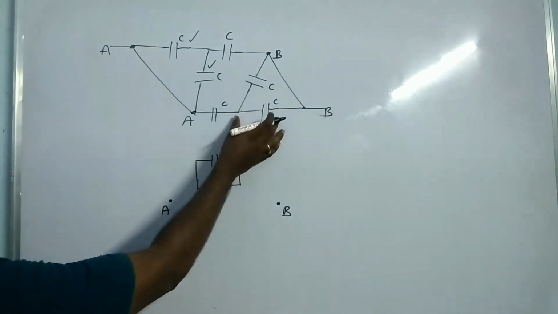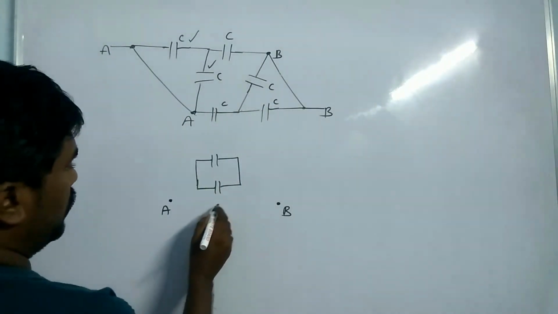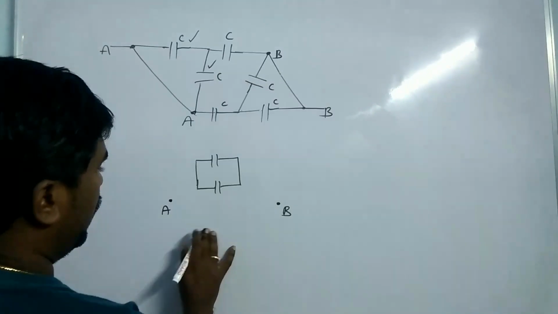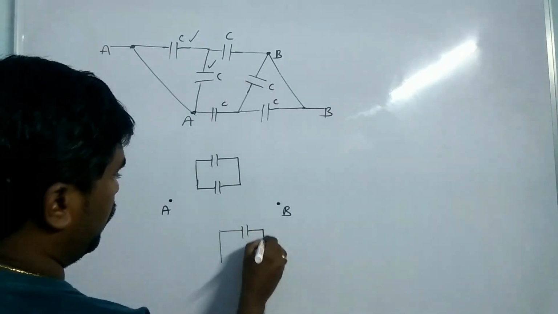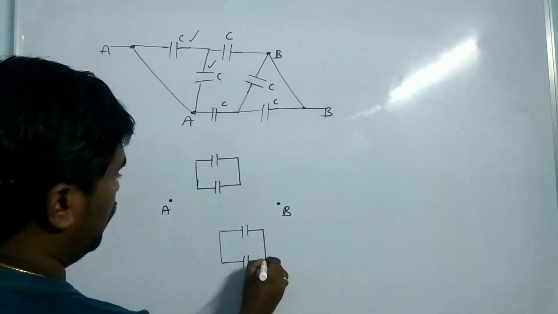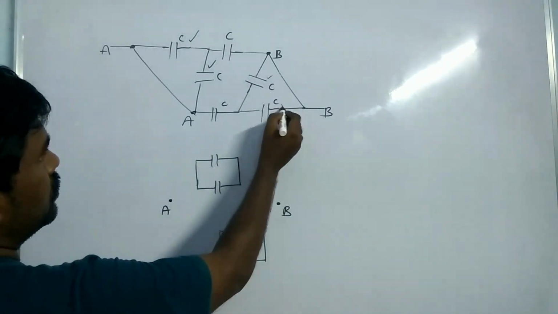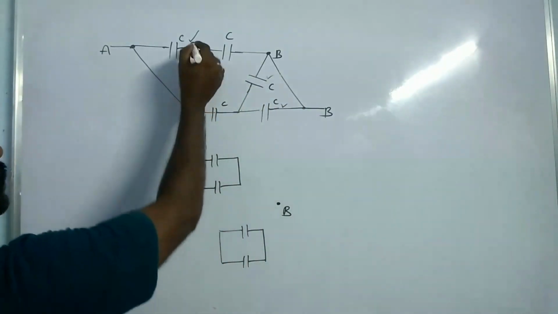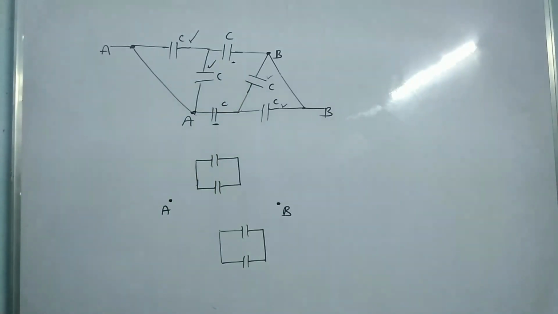At first we have to see this type of connection in the starting of our video. So let us check once. So this is a parallel combination. Here there are two capacitors in parallel. So this capacitor and this capacitor are there.